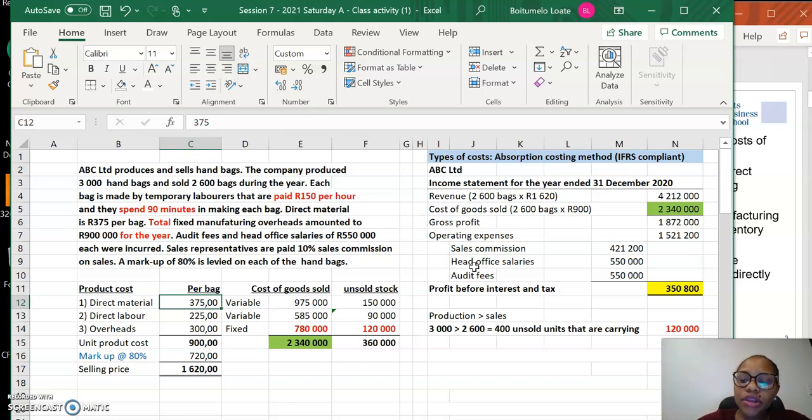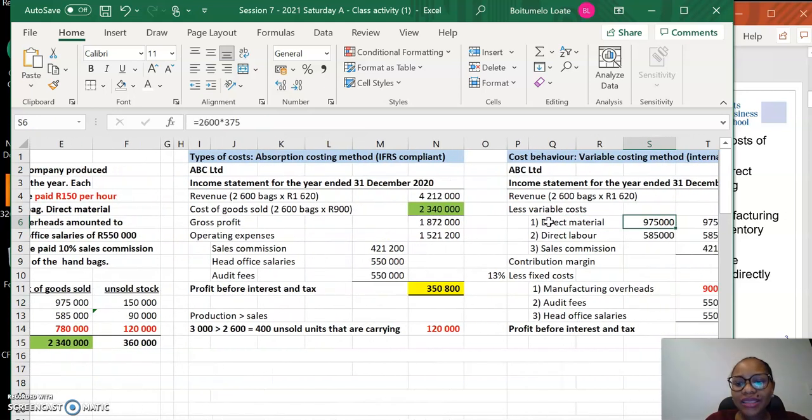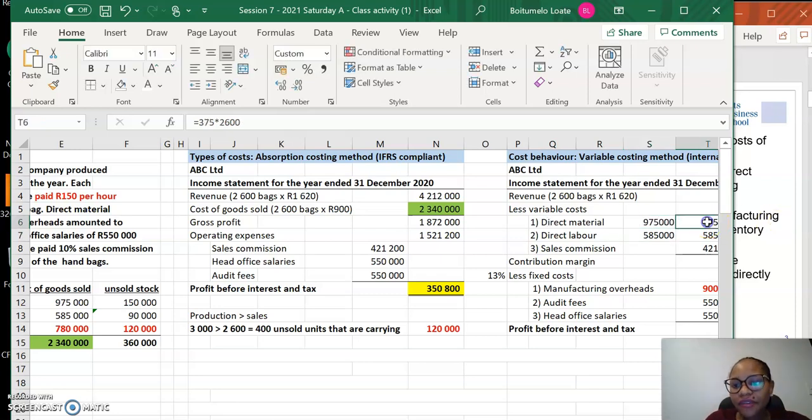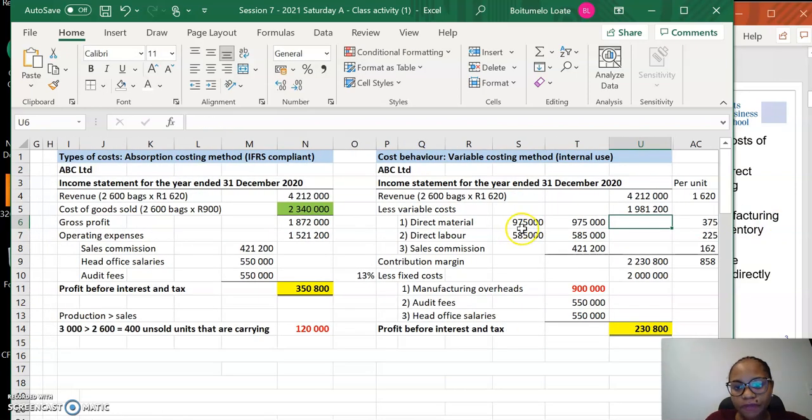The direct material is a variable cost, so we'll classify that as variable. That 375 times the units we've sold of 2,600, you'll get to that 975 here in the calculation.